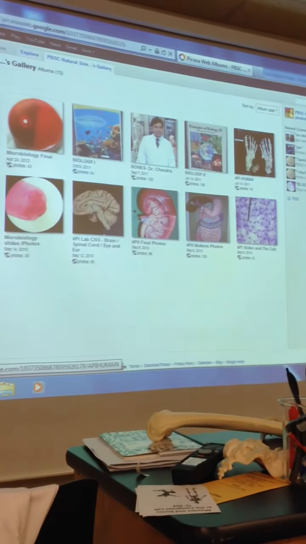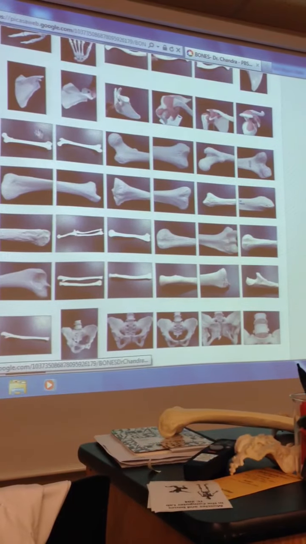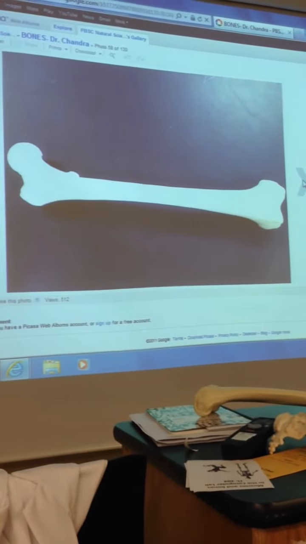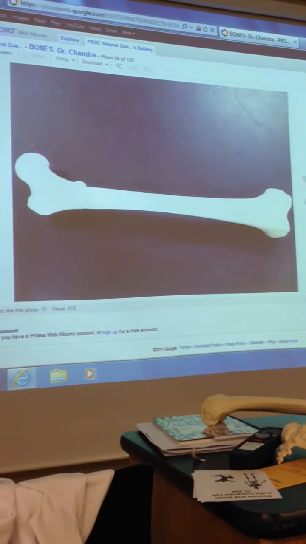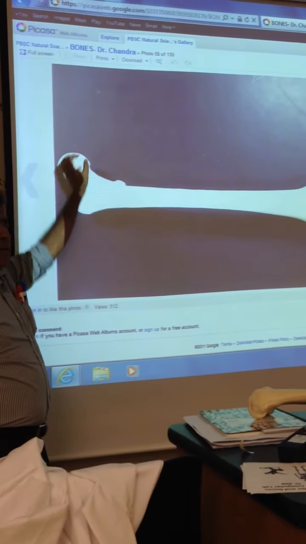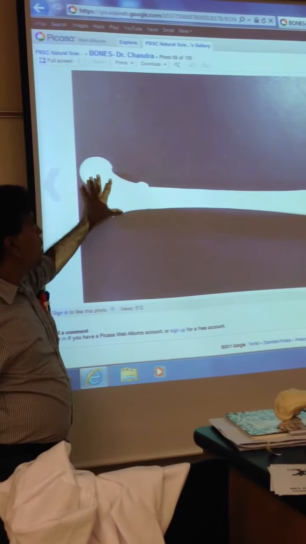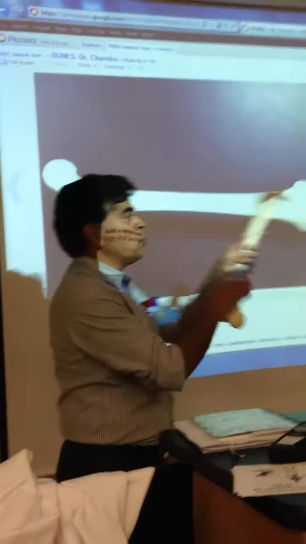Now let's do the femur. That's your femur. The femur is obvious because it has a very prominent head. It projects a little bit away, unlike the head of the humerus, this is a little more prominent.